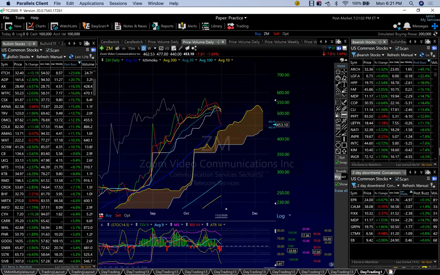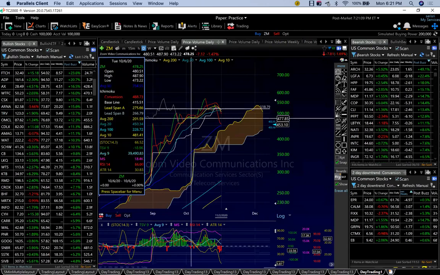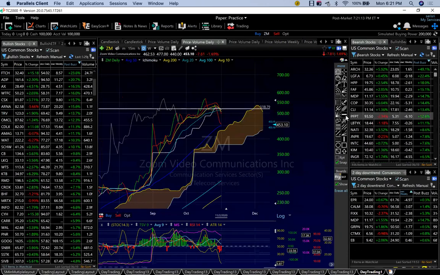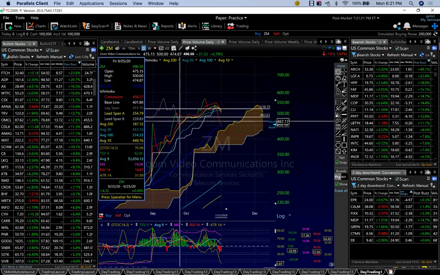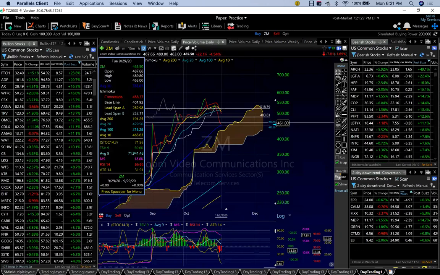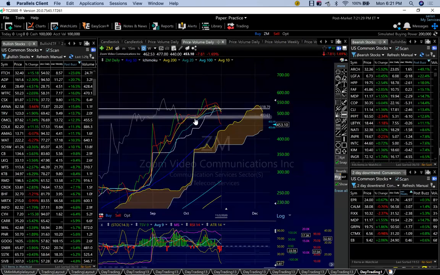If you look, 518, then there is a resistance here at 480. This is where it broke the other day, 480. We said that it will go to 480 the other day. And then there was a 460 here, 466.50, 464.98, and this is 465.50. So pretty close, we can say.